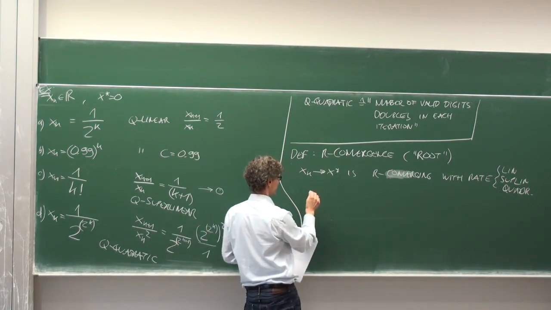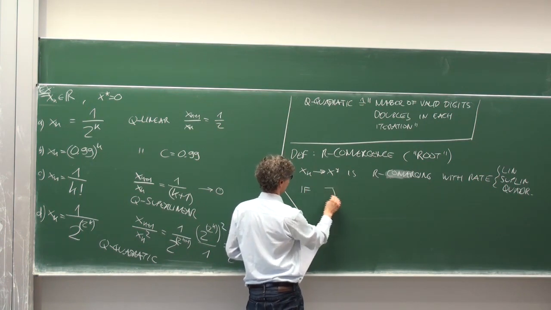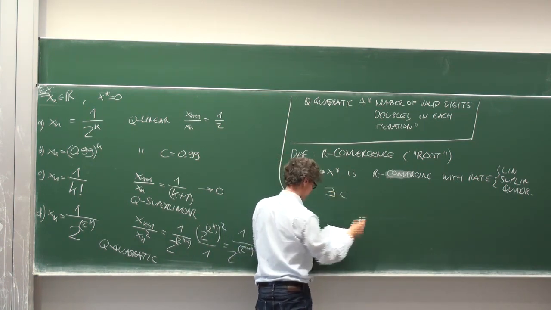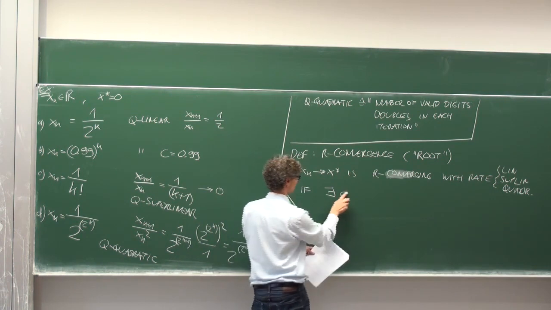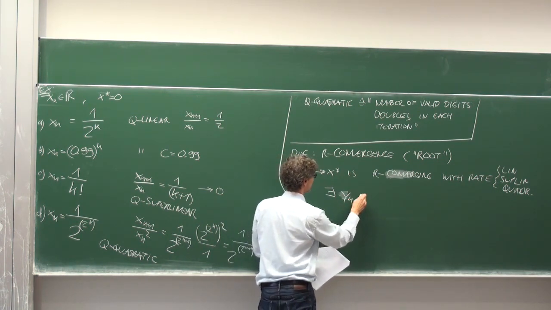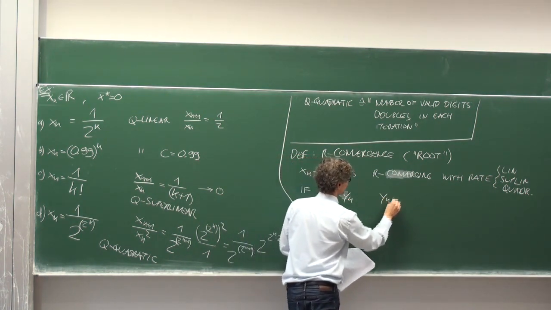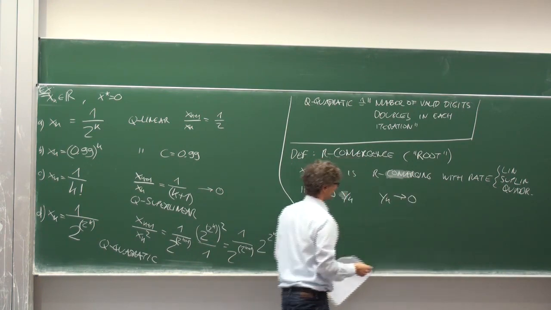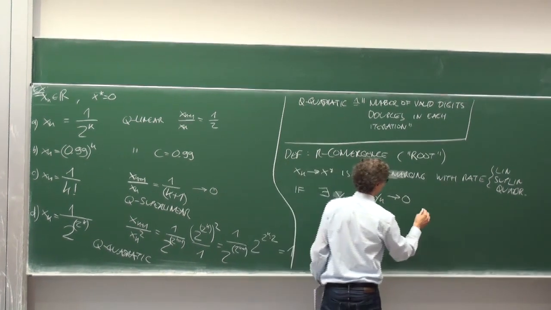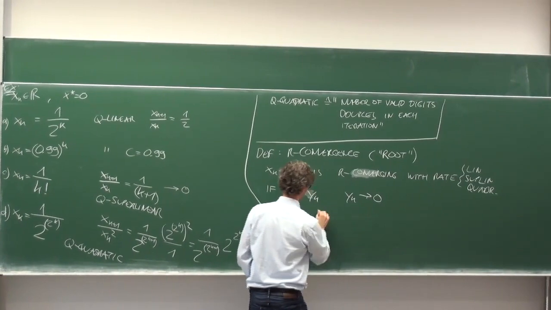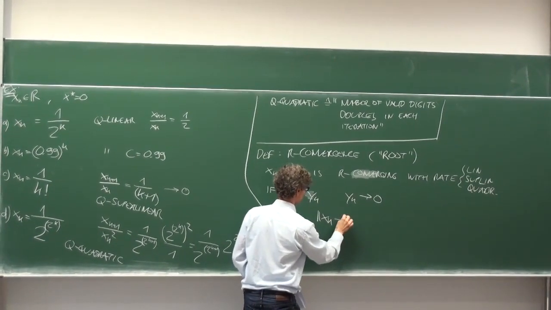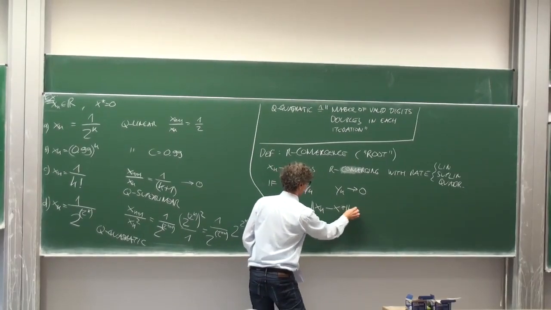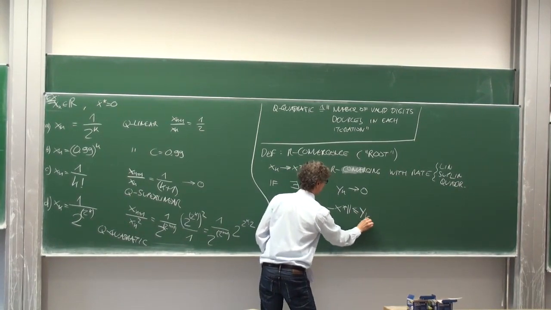So let me just explain it. If there exists a sequence, which I call now yk, that converges to 0, and which upper bounds these distances, so that the norm of xk minus x star is always smaller than yk.